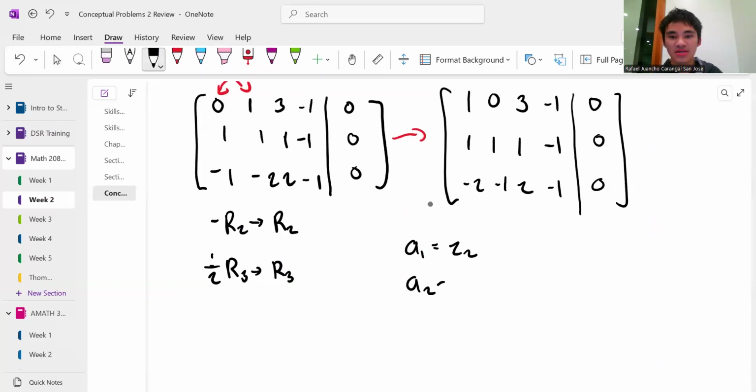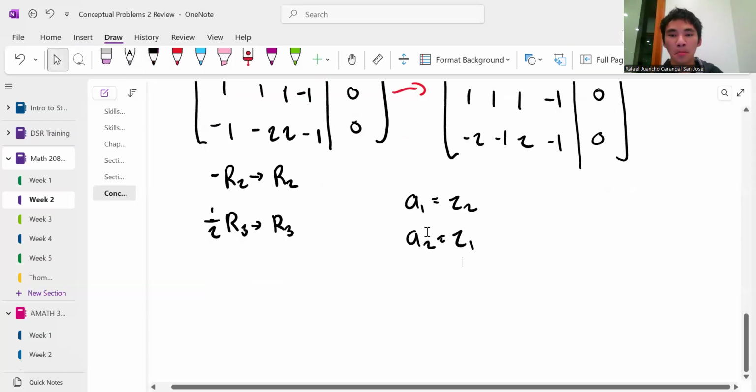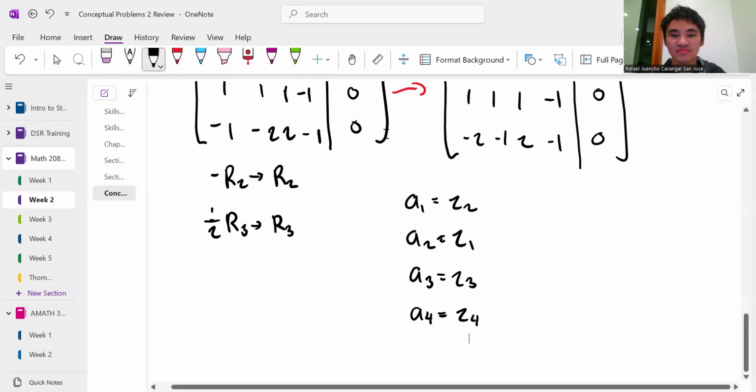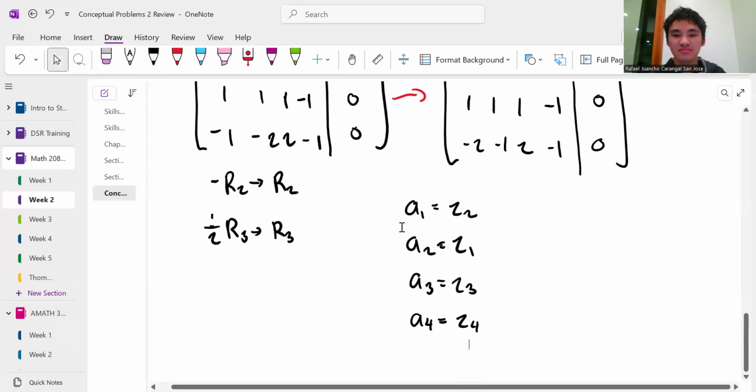A sub 2 in this case is z sub 1. Right? A sub 3 is z sub 3. A sub 4 is z sub 4. So that's what we notice.